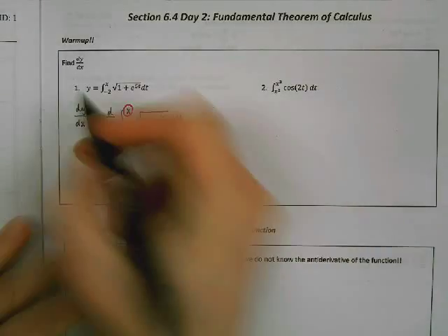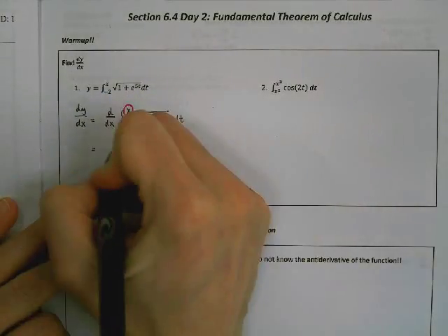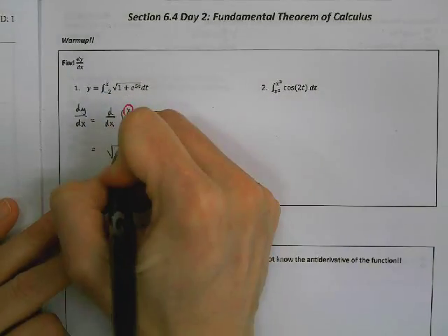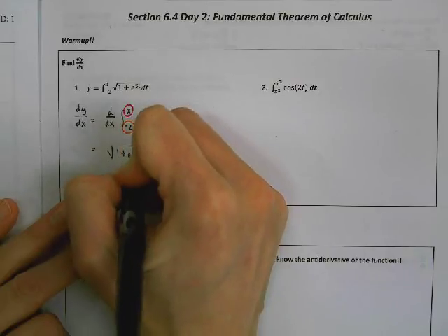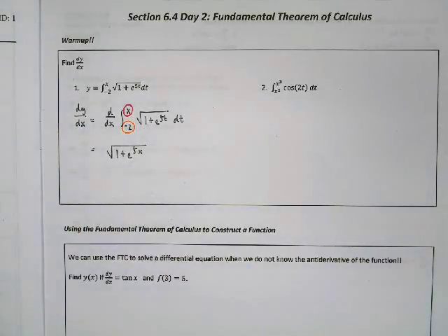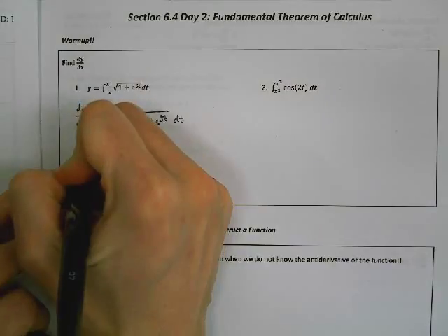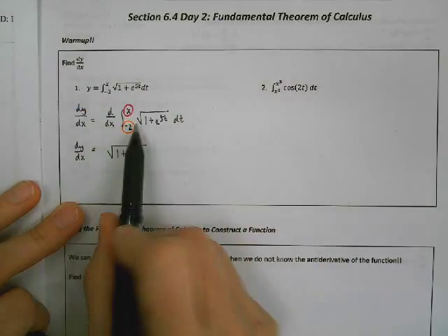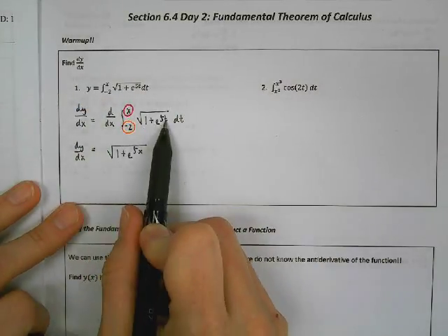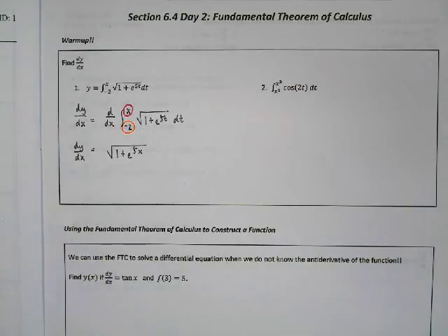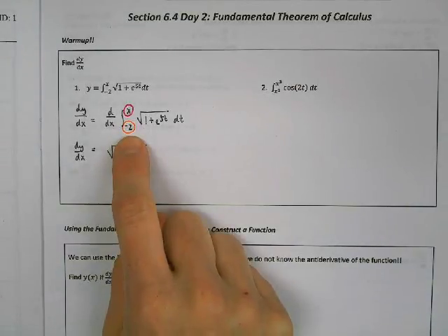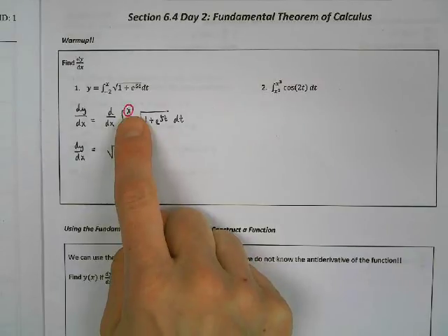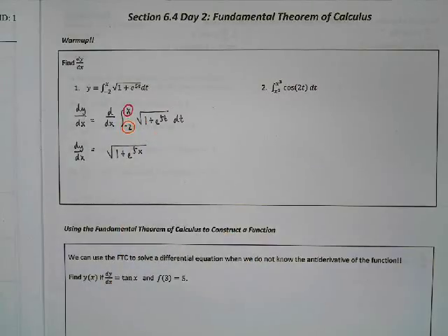So to find that derivative now, it's just going to be the square root of 1 plus e to the 5x. And that's our derivative. So all we did was take our x and substitute where we saw the t. So again, when we have a lower constant limit of integration and the upper is just x, it's just substitution.